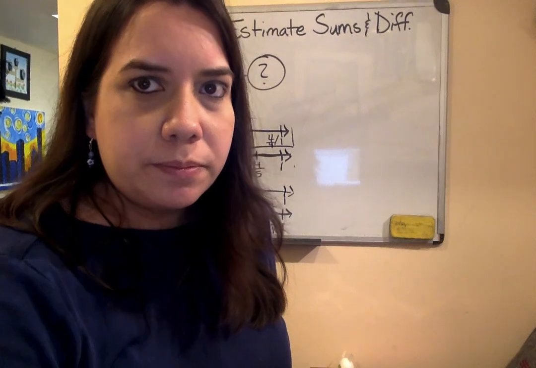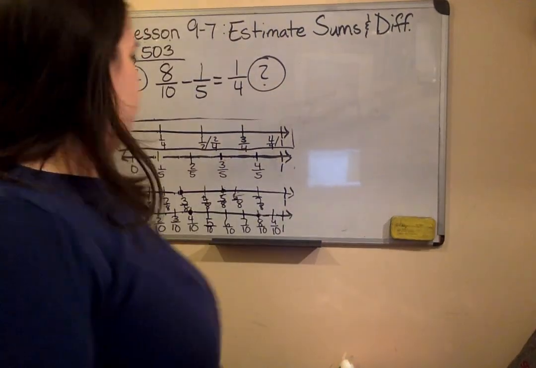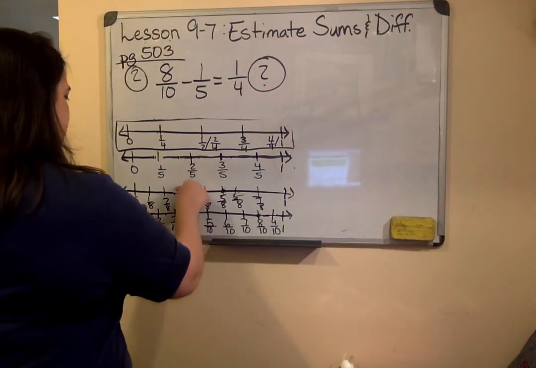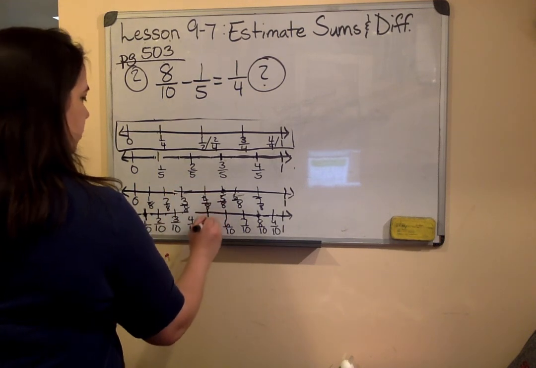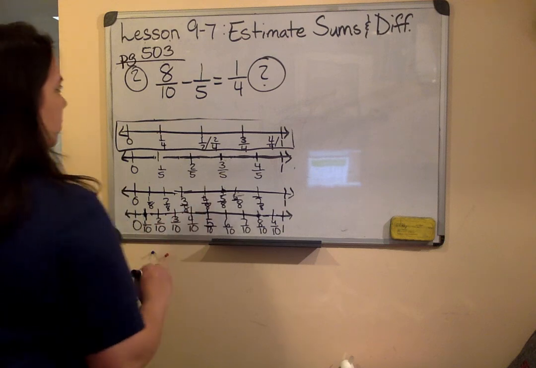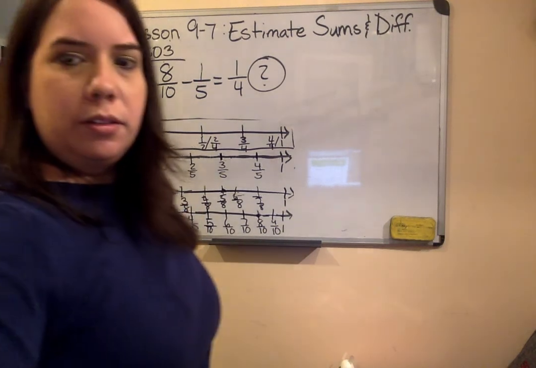Okay? So let's go ahead and do our estimates. So let me erase my marks from earlier, so I don't get confused. Para que no me confundo. All right, here we go.